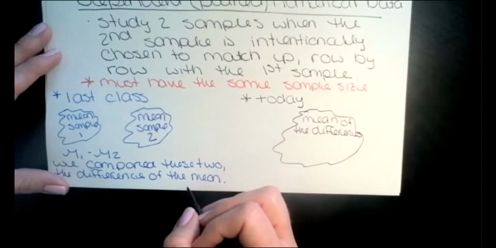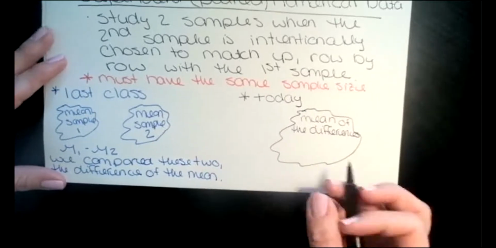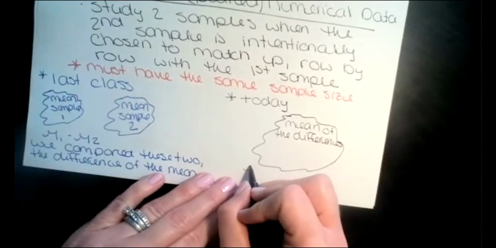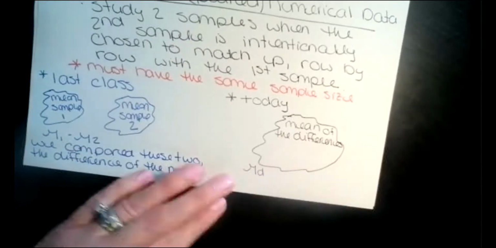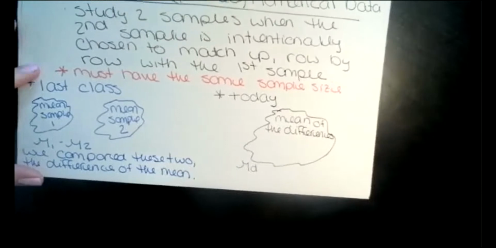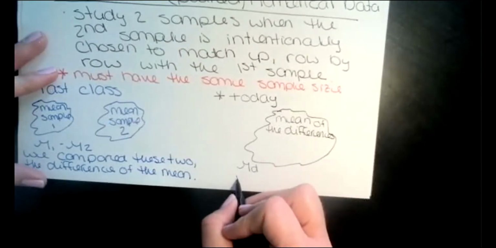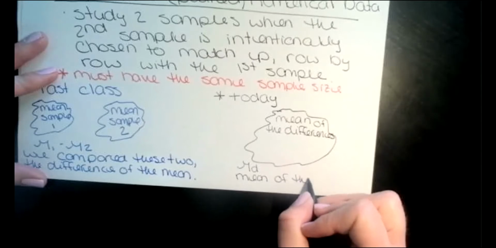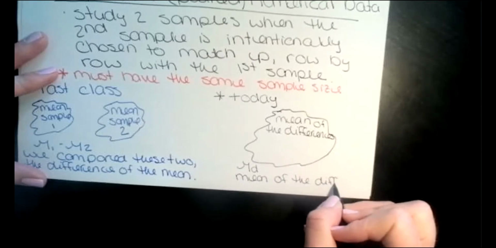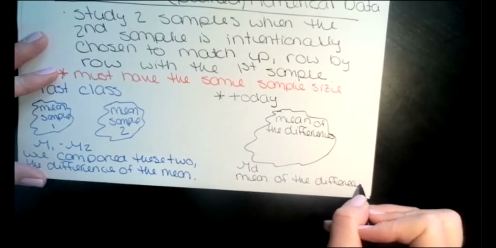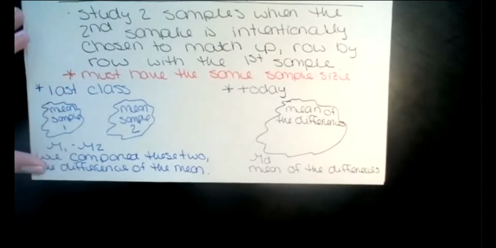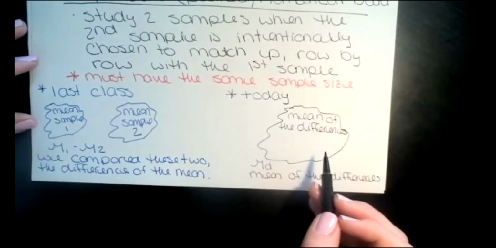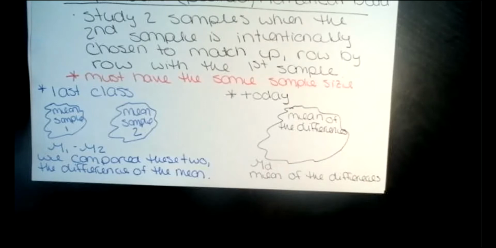Okay, so this is actually called mu d. And what we're going to study is the mean of the differences. So what we're going to do is subtract sample one and sample two, and then take the average, so the mean of those differences once we subtract.